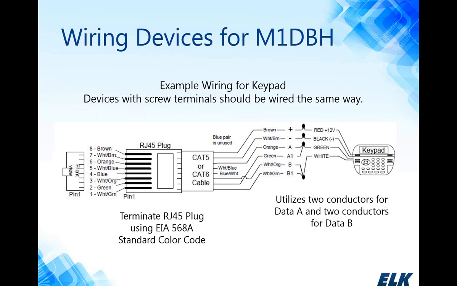Your brown is going to be your positive 12 volts, white brown would be your negative, and then you'll notice there on your data A, which is the green here, we have the orange and green connected to it. Your data B, which is the white, has white orange and white green. So you have to have those 2 conductors from the Cat 5 per data line, and that again is what allows that return path.